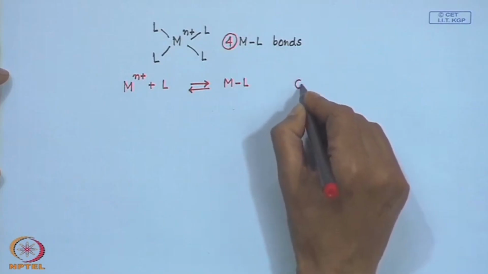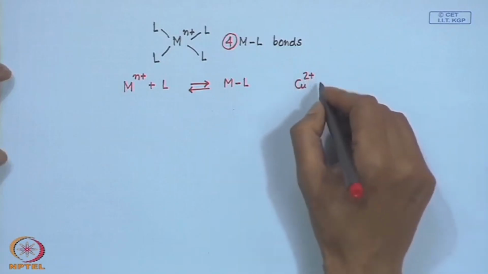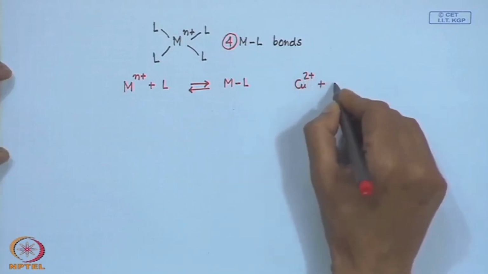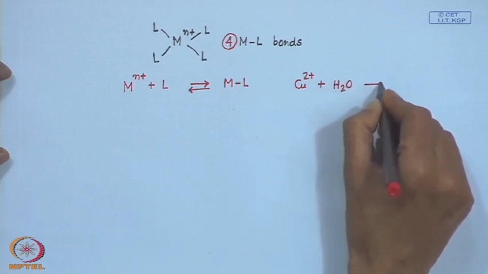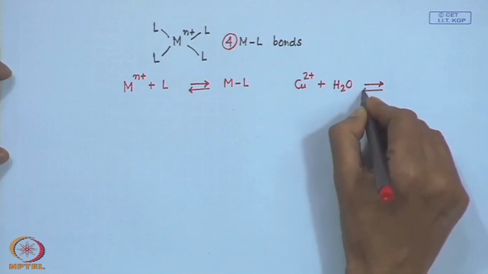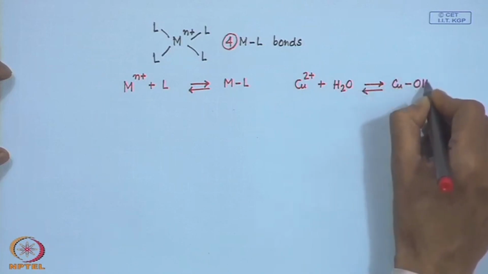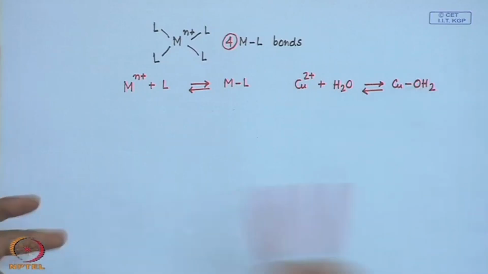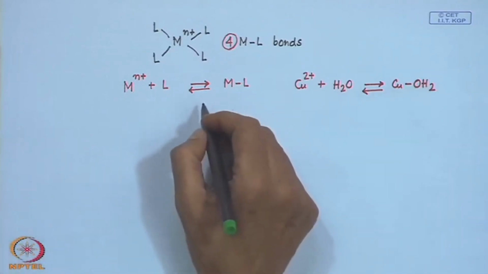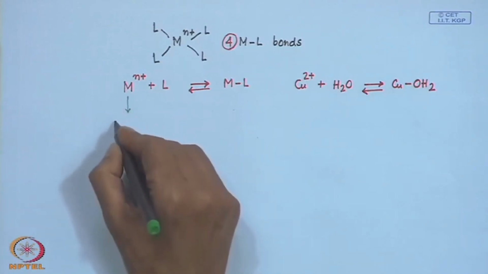Such that if we have copper 2+, the bivalent copper ion present in the solution, which is dissolved in water, in that case also we have the copper OH2 bond, and they are in equilibrium.